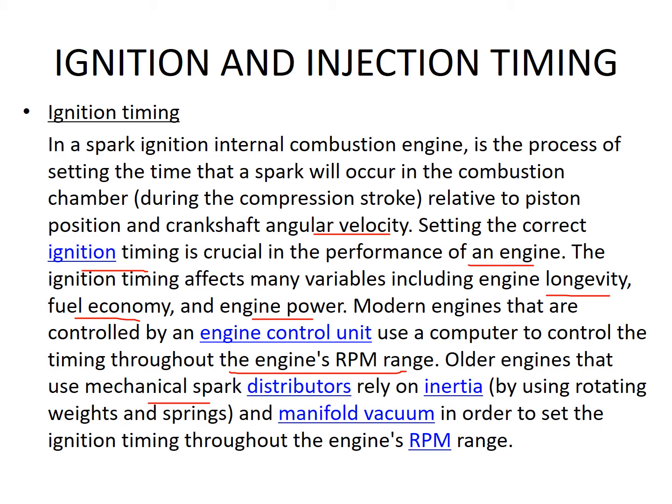Older engines use a mechanical spark: distributors rely on inertia by using rotating weights and springs and manifold vacuum in order to set the ignition timing throughout the engine RPM. So this is the difference between with ECU and without ECU, the manual way and the computer-controlled way.